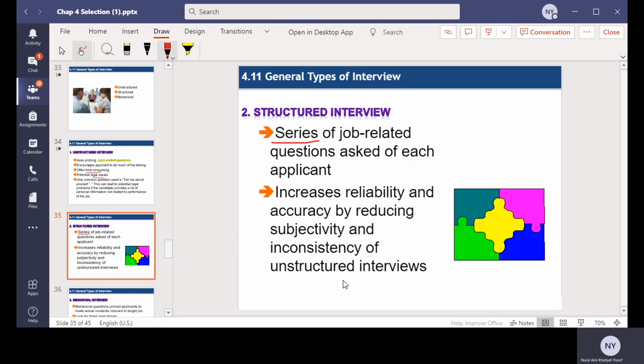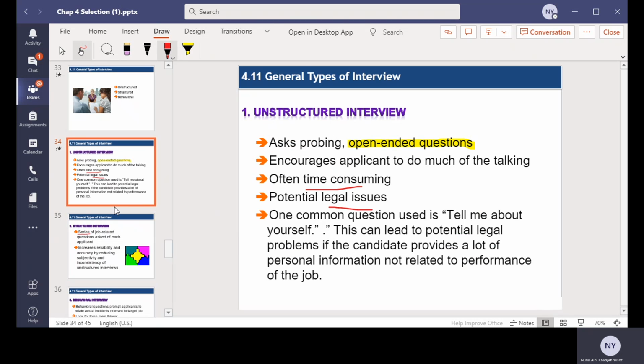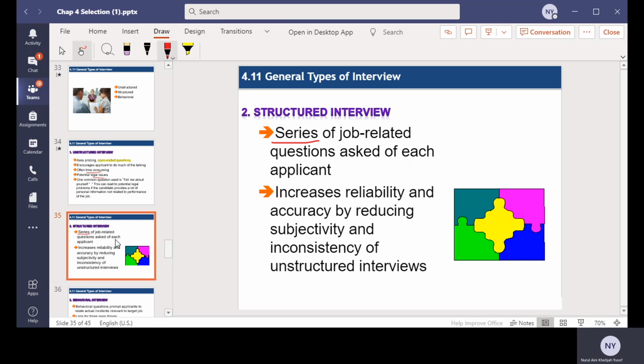So comparing is quite easy compared to unstructured, where you don't have the same questions for all candidates. But again, it's quite limited, because you cannot ask something outside. Maybe you can ask a different question, but it's limited. Let's say these are the 10 standard questions. Maybe you can add one, but not most of the questions. You still have to follow the format.